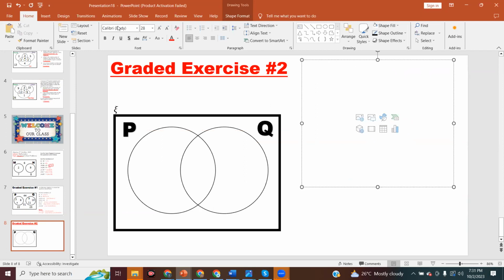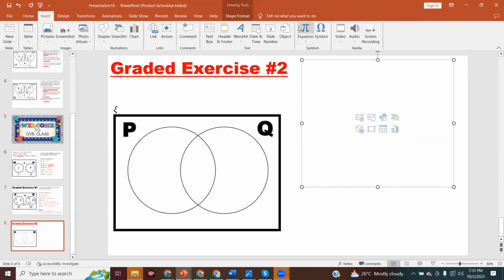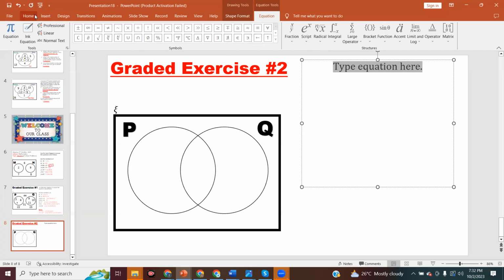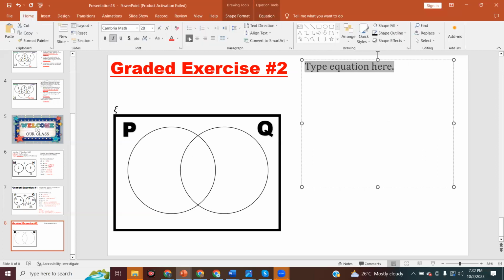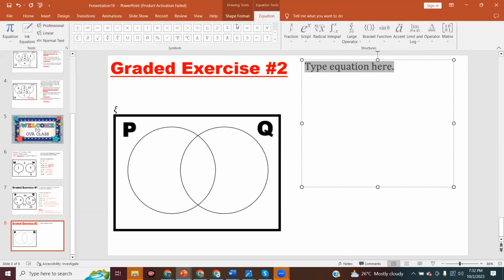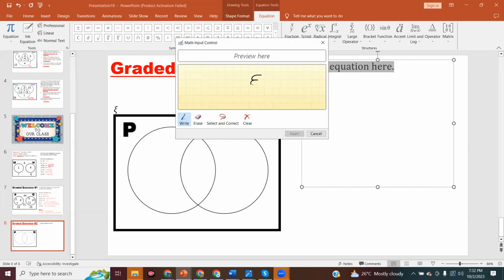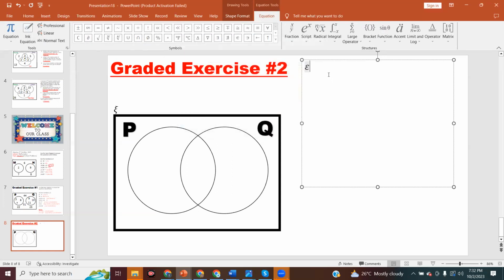Please pay close attention to this before you mess it up. So on this side, we have the universal set. It's going to be equal to, let's say, natural numbers less than 10.